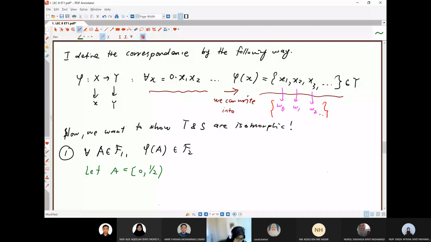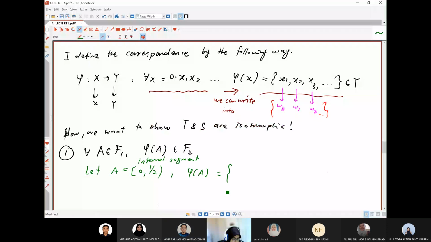So this is an interval segment. Okay, so the image of A is what? The image of the set A is given in terms of the cylinder set.